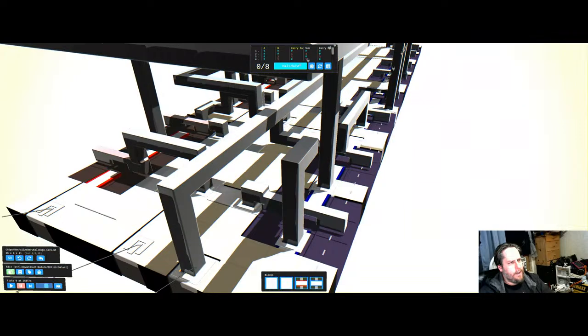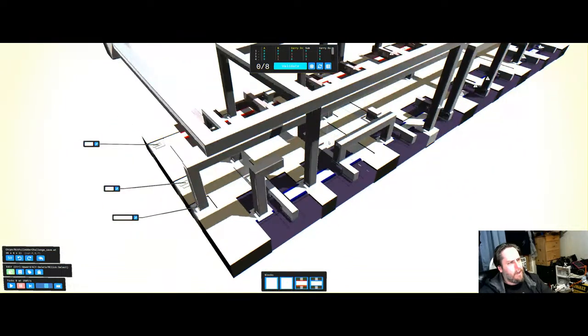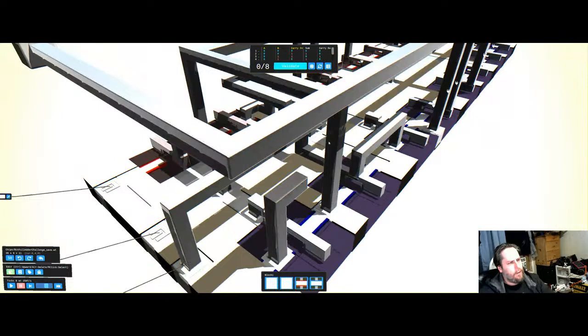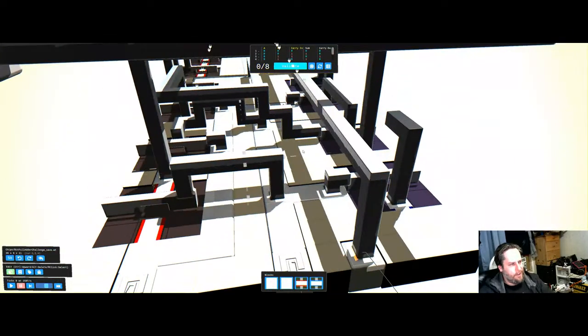We need this guy to get over to there, to this rail. So I may have to do some funny business. I was really trying to not do things this way.